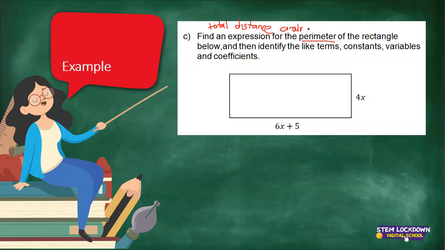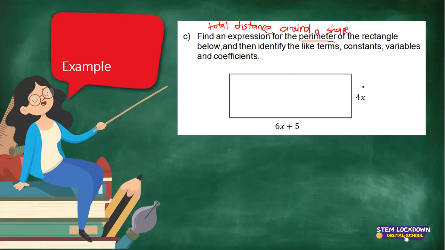You should recall this from grade 7. Total distance around a shape is a perimeter. My handwriting is not that great. Okay. So they say find an expression for the perimeter of the rectangle below. Then identify these like terms, constants, variables, and coefficients.